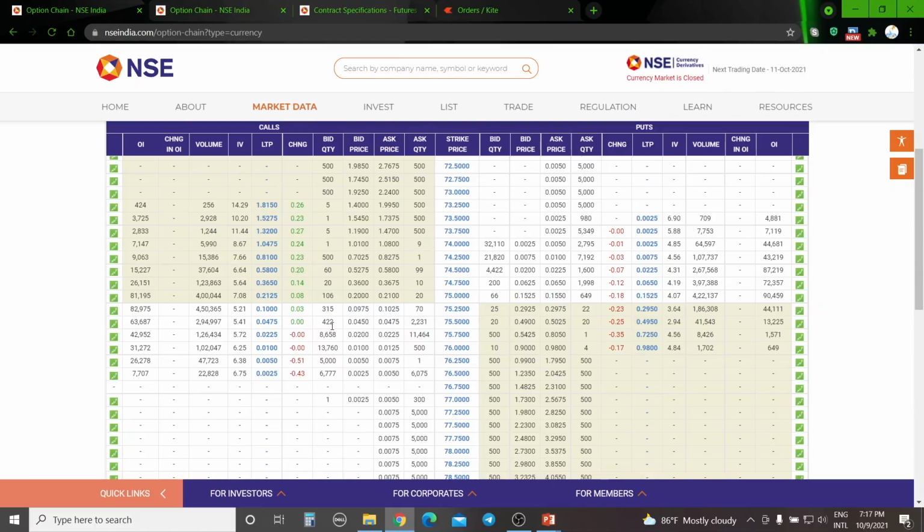Always remember that for any currency pair which involves INR, Indian rupees, the fear is on the call side, not on the put side. The value increasing carries more fear than the value decreasing. Like the USD INR, today the rate is 75 rupees.